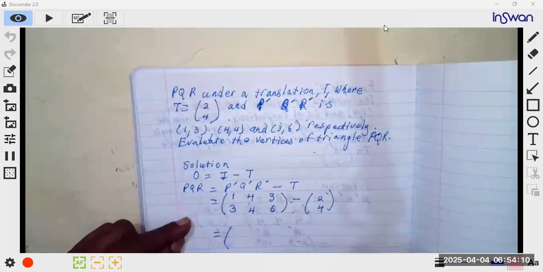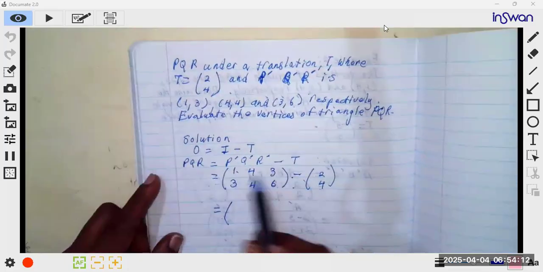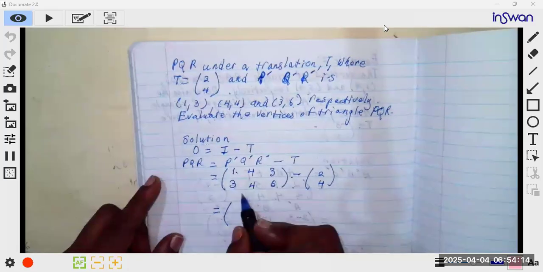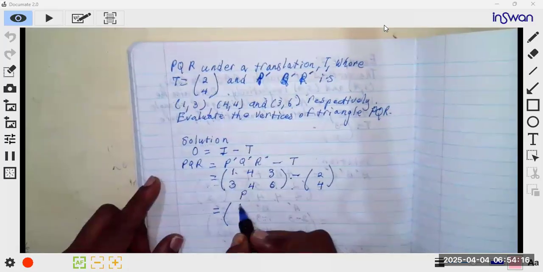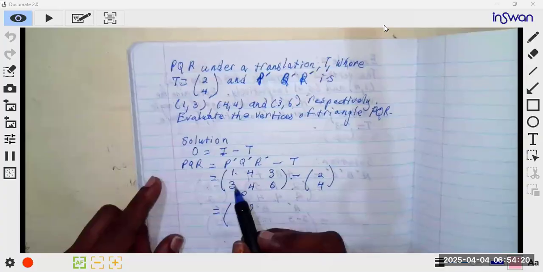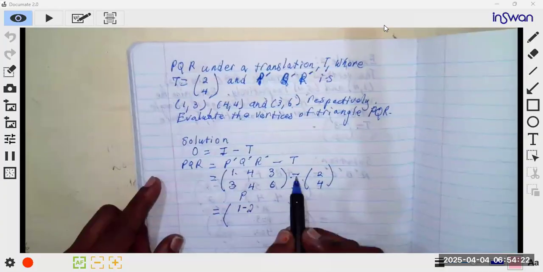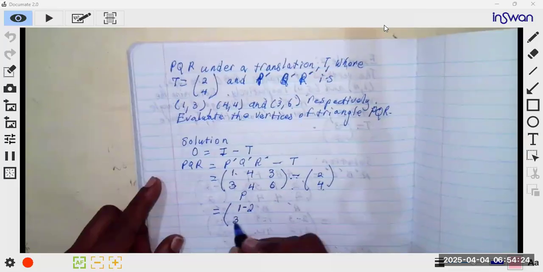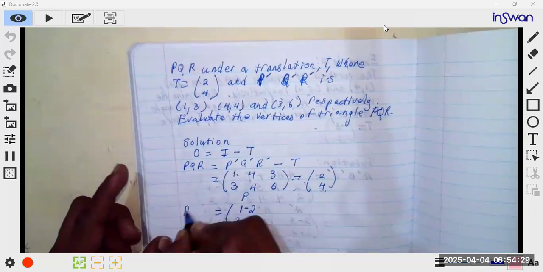So this is what will be happening. Starting off for P, it will be 1 minus 2, and then 3 take away 4. Agree? Yes or no?